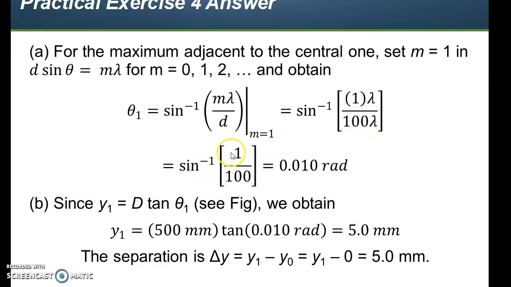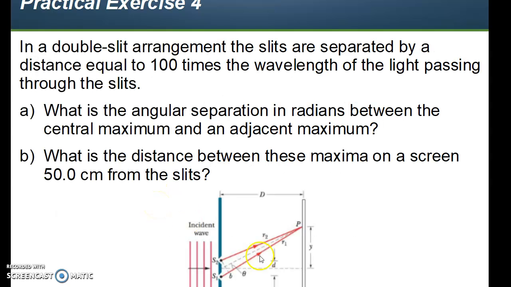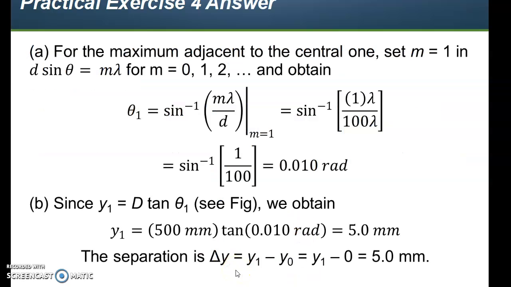In terms of radians, that's 0.010 radians. Now, since y1 equals D tangent of theta, looking at that figure back here, you can see how that works out.